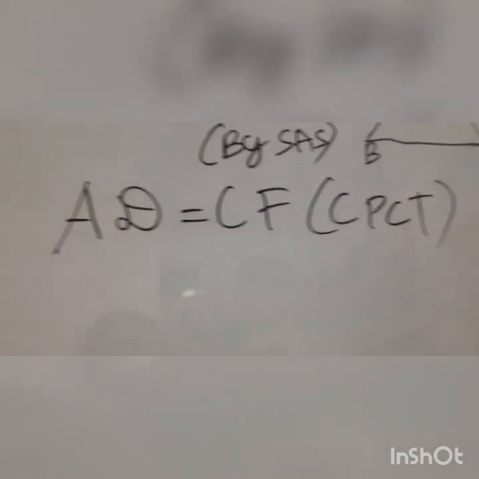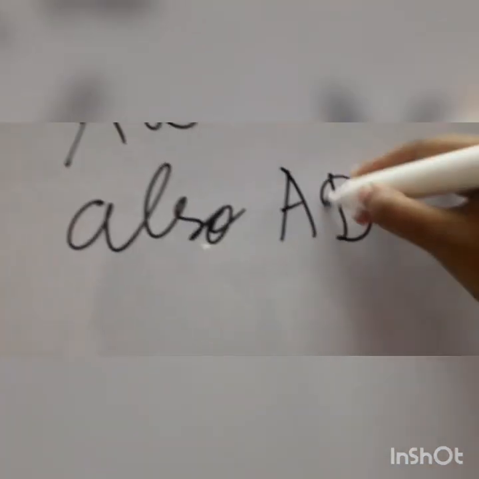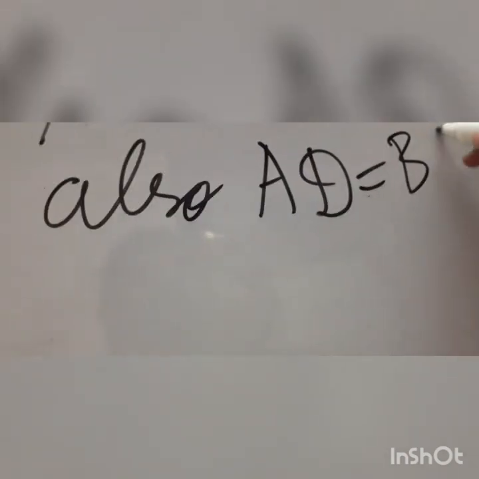So by using the congruence, we can say that AD is equal to CF, and also AD is equal to BD. Yes. Therefore, BD is equal to CF.